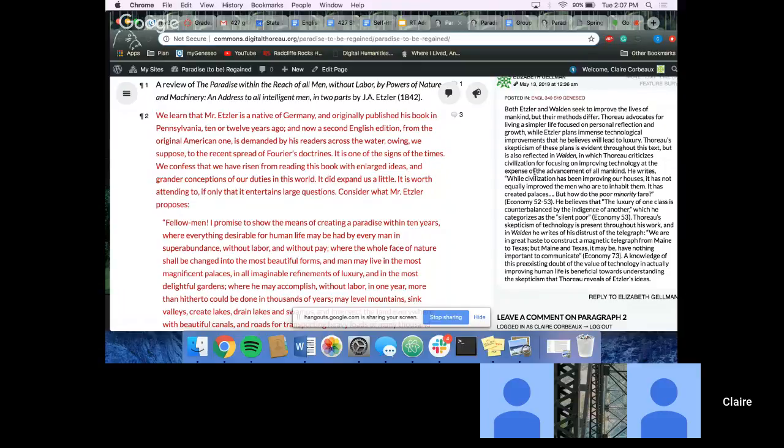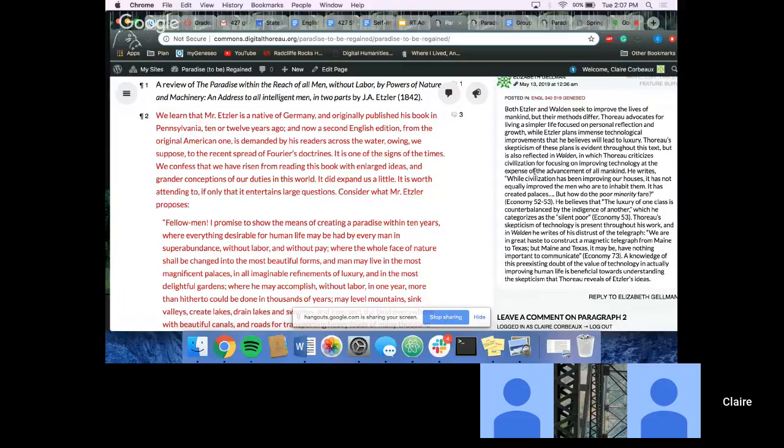And I talked about how in Thoreau's idea, especially in Walden, when he talks about the telegraph, and I quoted him: we are in great haste to construct a magnetic telegraph from Maine to Texas, but Maine to Texas may have nothing important to communicate. So the skepticism of technology, and how he does this throughout his essay, pushing back against what Etzler says, because he doesn't think that it's an end-all fix-all to society's issues.